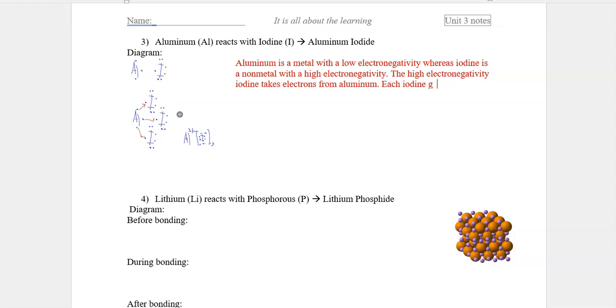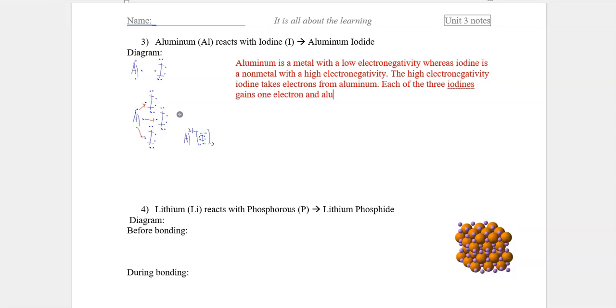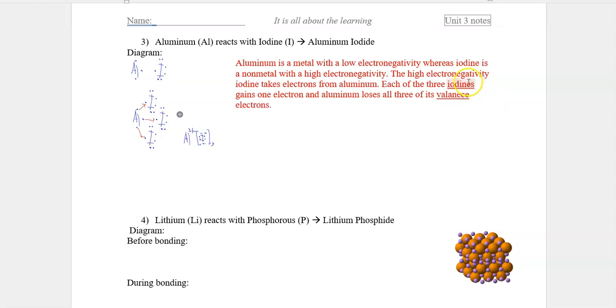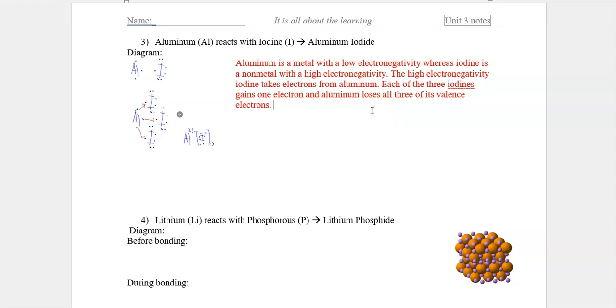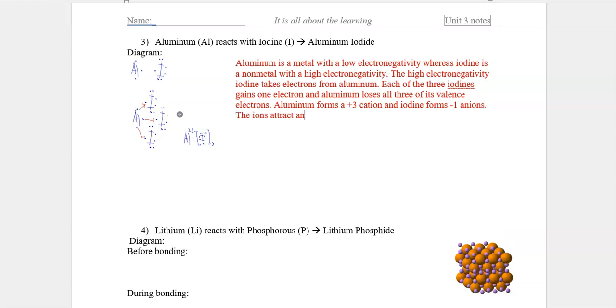Each of 3 iodines gains 1 electron, and aluminum loses all 3 of its valence electrons. Aluminum forms a +3 cation, and iodine forms -1 anions. The ions attract and make a crystal lattice.